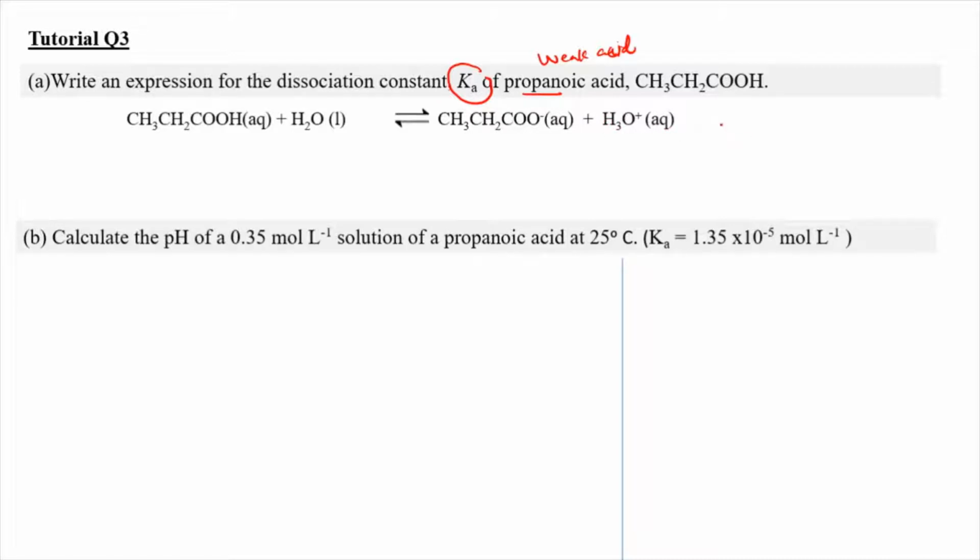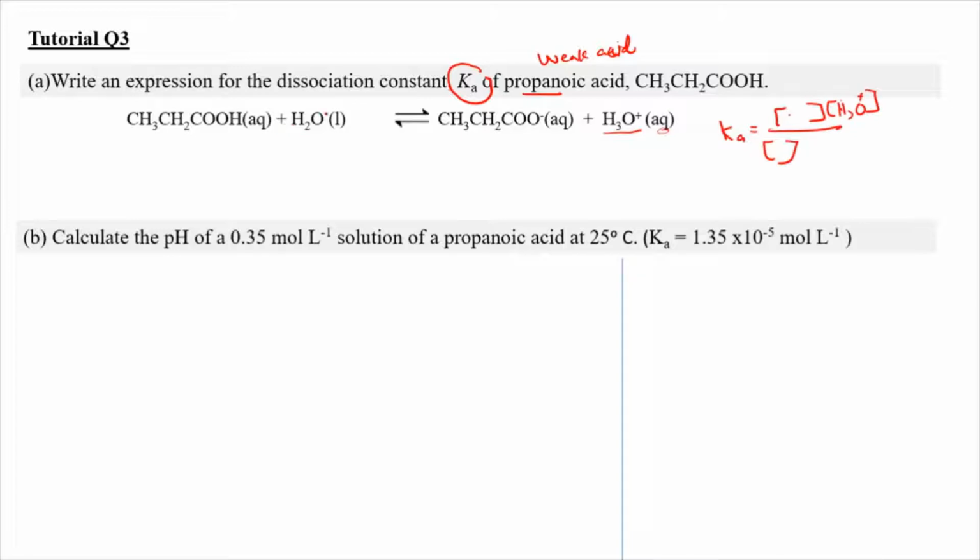And in order to write the Ka, it is basically equal to the concentration of the product, which is the propanoate ion, divided by the concentration of the reactant, which is the CH3CH2COOH aqueous. And for here, we also need to include the aqueous state, which is the H3O plus.